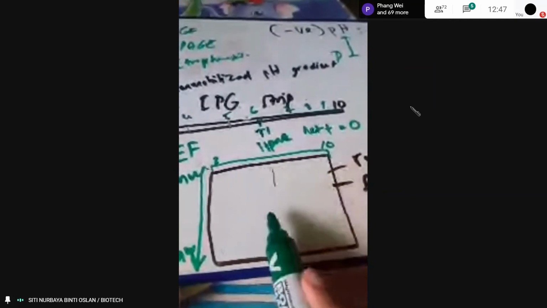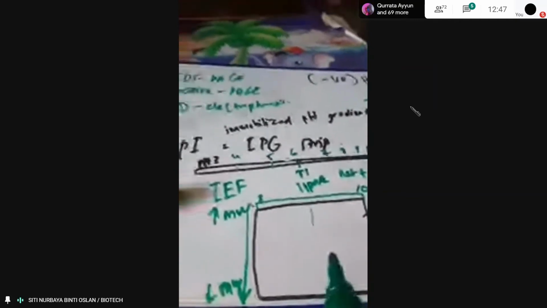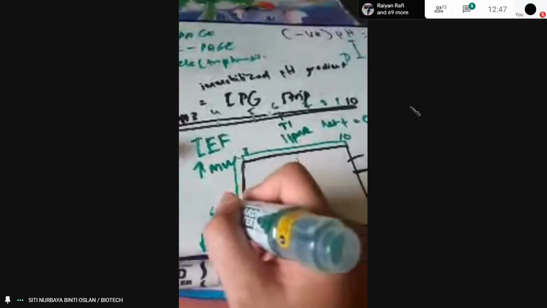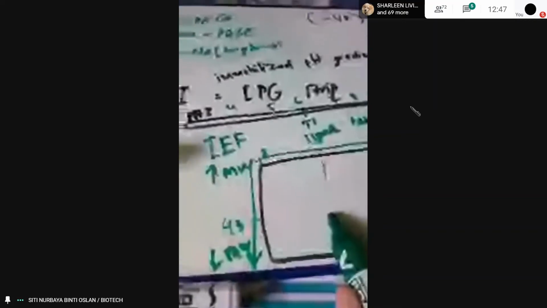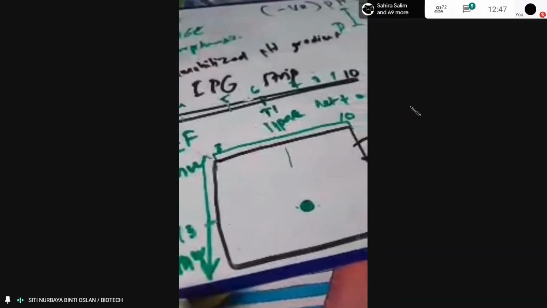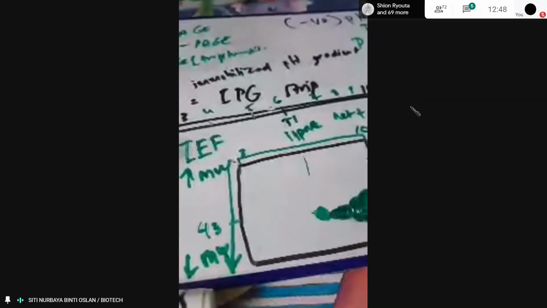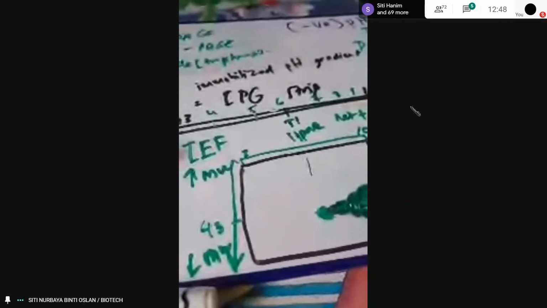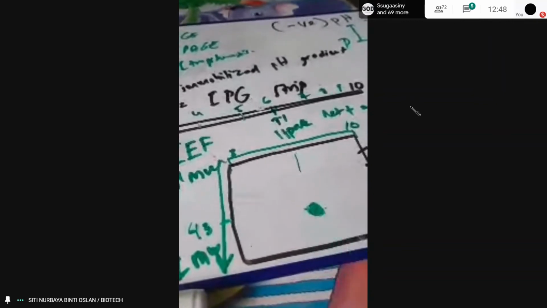In the second dimension, T1 lipase is separated based on the molecular weight. If this is where the 43 kilodalton or 40 kilodalton is, this is where the T1 lipase spot will stop. If we evaluate this spot, it represents around pI 6 with 43 kilodalton.